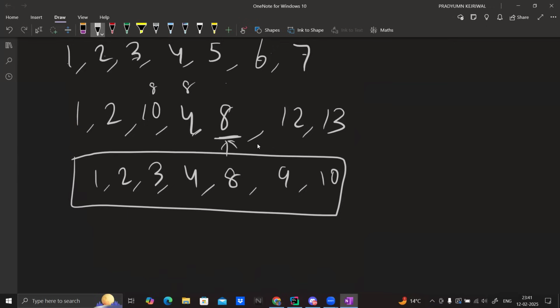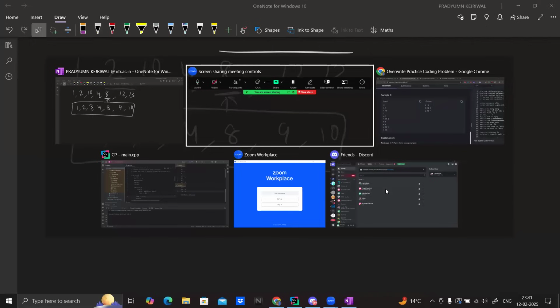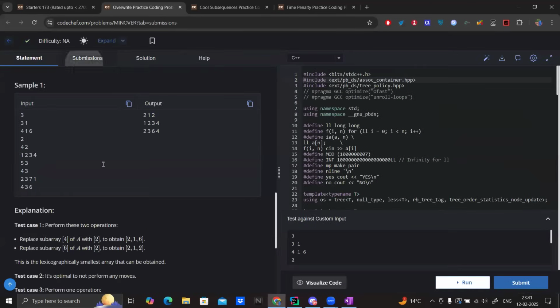So 8, 8, 8, and then 9, 10. So if you haven't done that, then only you need to check whether it is beneficial to apply at the last three elements, right? Okay. So I hope it is clear till now, and I'll just show you the code.